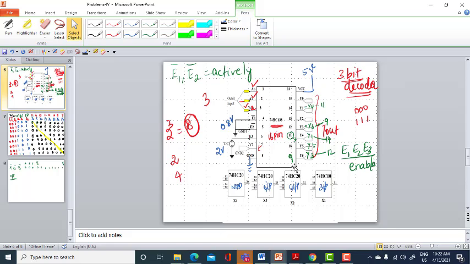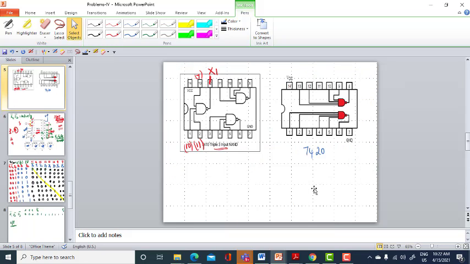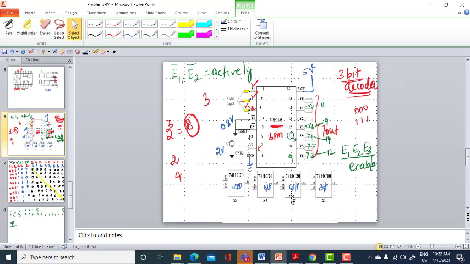Now we are going to connect Y0, Y1 and so on to the 74HC10, which is your 3 input NAND. Y5, 6, 7 you give to the 3 input NAND, so the output from it will be your X1.